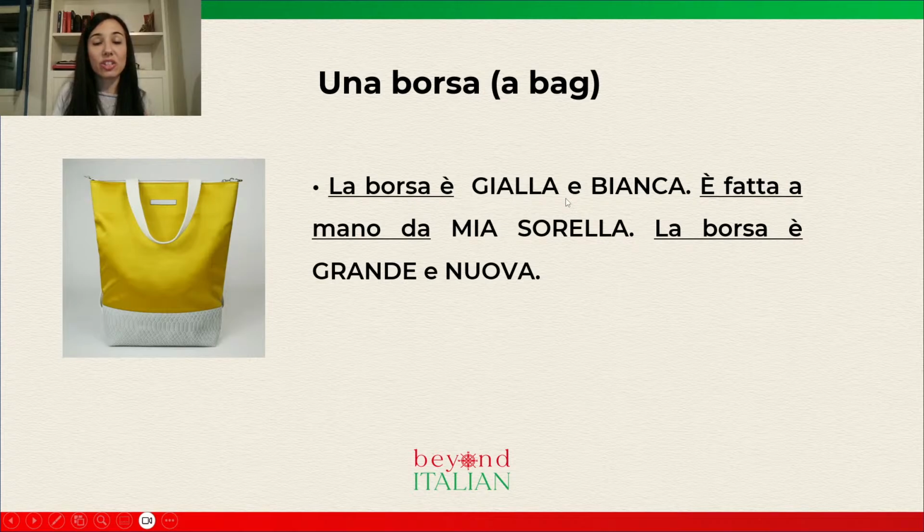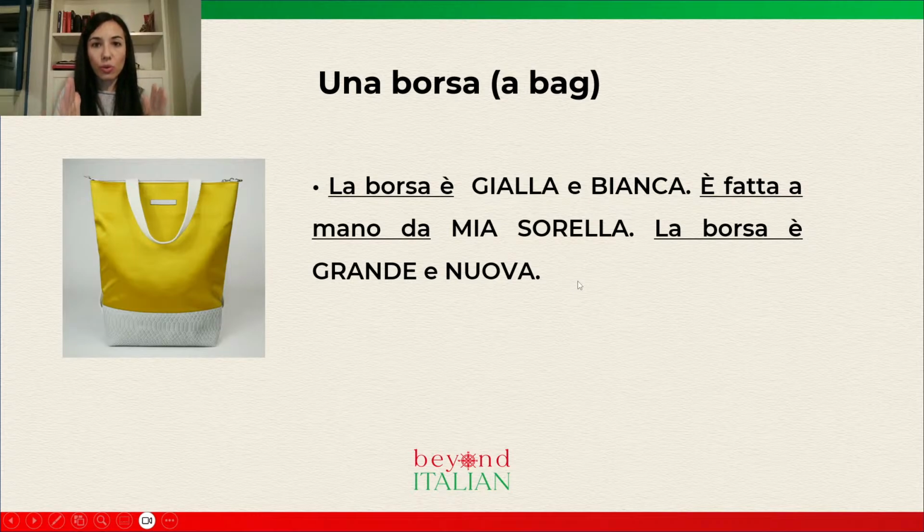Let's see now how we can put all these small sentences together in order to build our short description. La borsa è gialla e bianca, yellow and white. È fatta a mano da mia sorella, so it is handmade by my sister. La borsa è grande e nuova, so the bag is big and new.